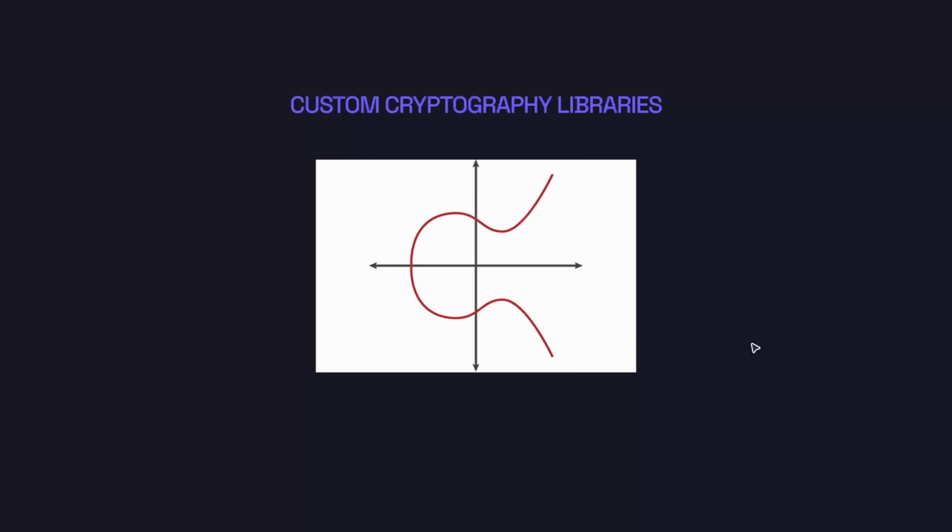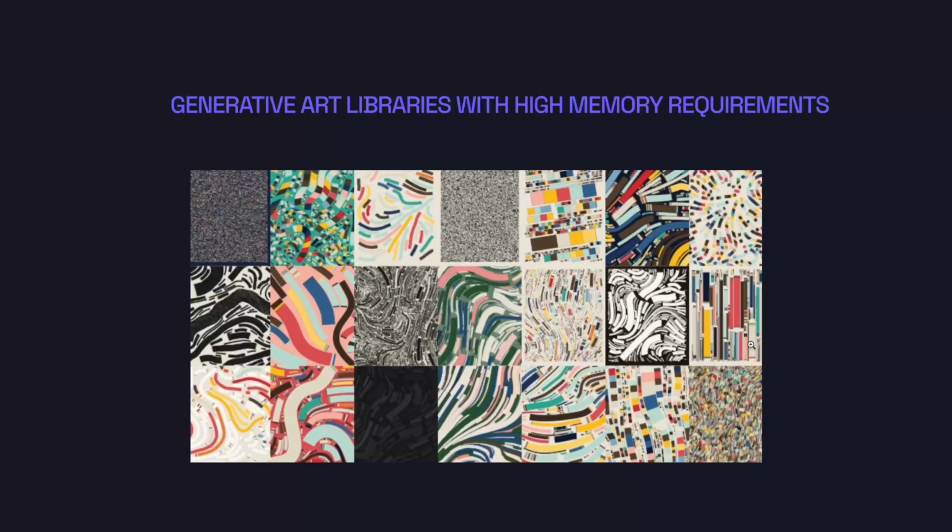But okay, so custom cryptography libraries, possibility number one. Number two, generative art. This could be art that is programmed, right? So you have some code. I don't know if you guys have heard about Art Blocks.